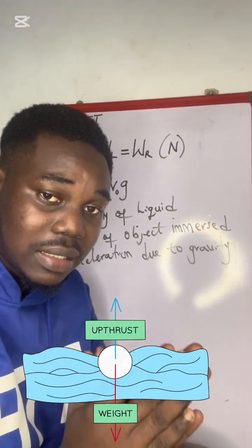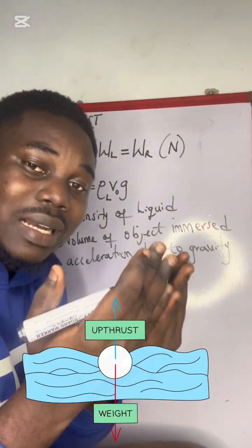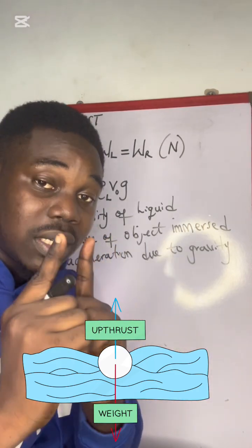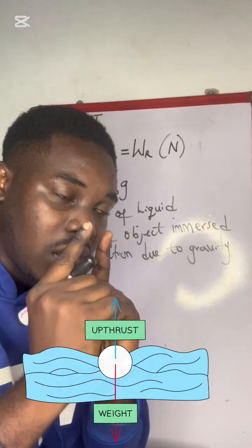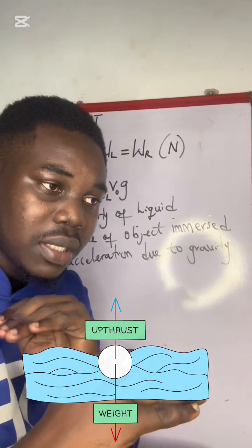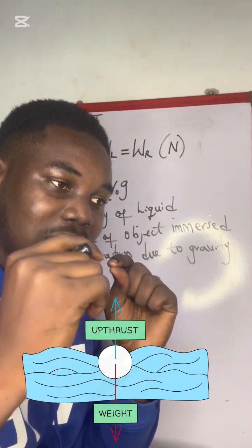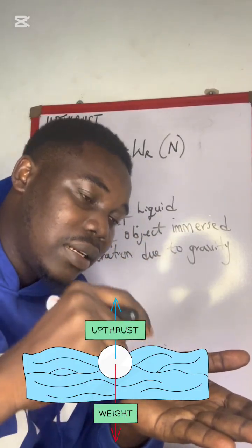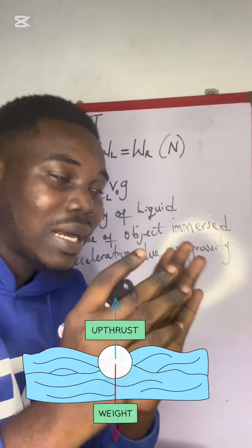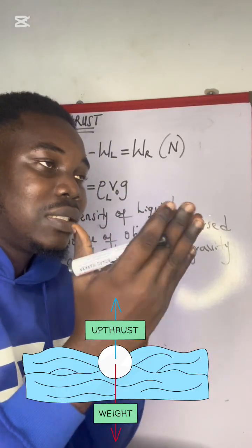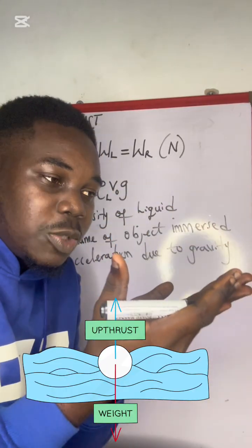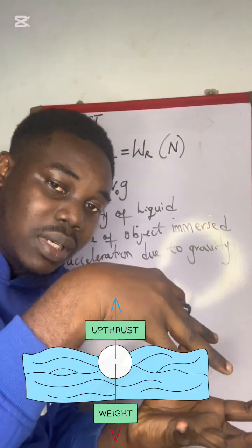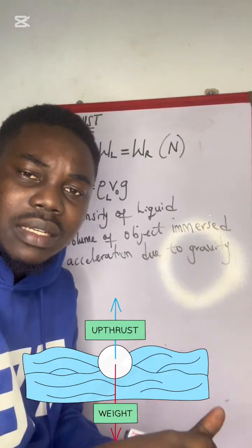Upthrust can be defined as the upward vertical force that acts against the weight of an object immersed in a liquid. Now, this means whenever an object is immersed, either partially or completely in a liquid, there is always an upward force that the object will feel, produced from that liquid against the weight of that object entering the liquid.